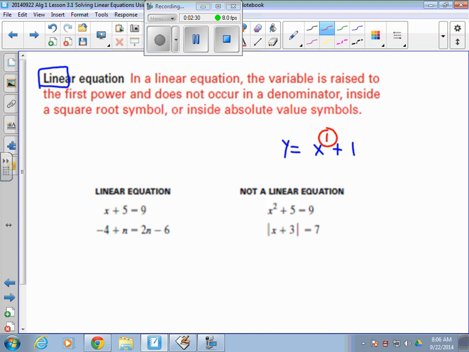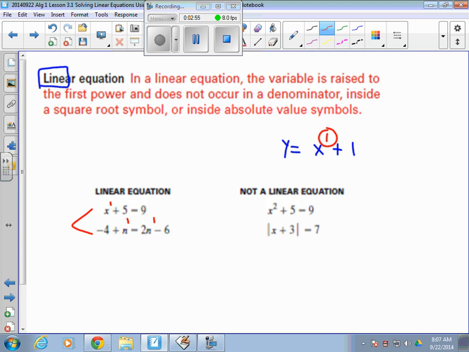Anytime you have x to the first power, it is a linear equation more specifically. What makes these two linear equations is that there's nothing raised to the second power. You don't see anything but the first powers, even though they're not shown. Anytime it's not shown, remember it's considered 1. They're all raised to the first power.